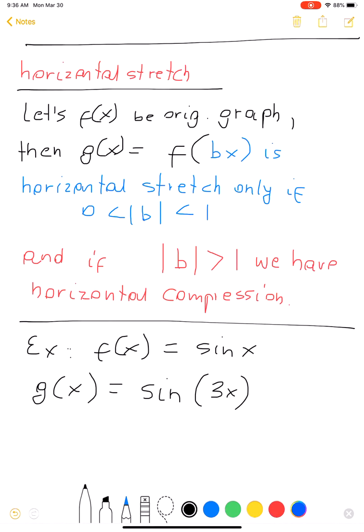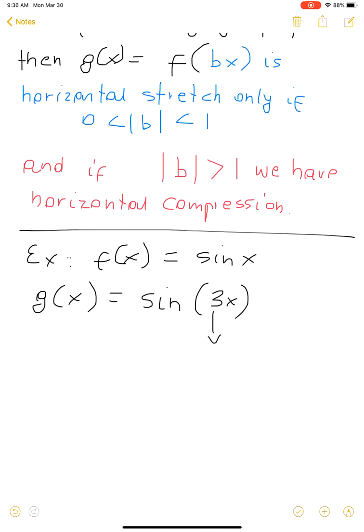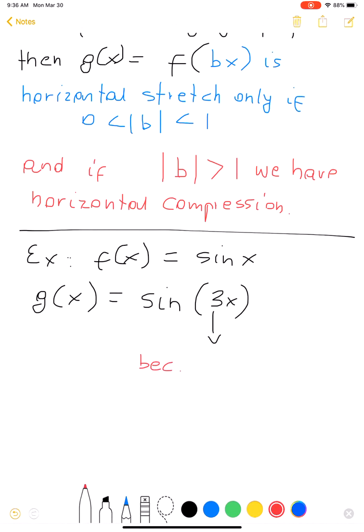So like you see, x was affected. Going back again, I'm using the sine function because that's what you guys had on the PowerPoint. Because absolute value of 3 is greater than 1, we have horizontal compression, not stretch. Again, it's opposite. You see a bigger coefficient, x being multiplied by a bigger number, that means it's going to be compressed.